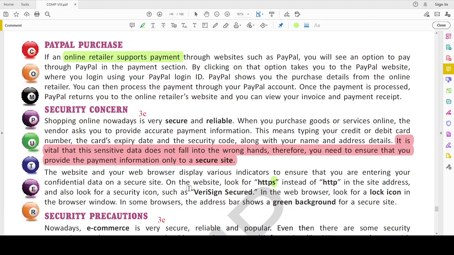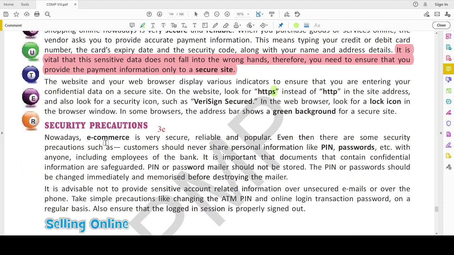So you should be sure about a secure site and then give your details, so that the sensitive data does not fall into the wrong hands. Okay, so that is the security concern. And what are the precautions?